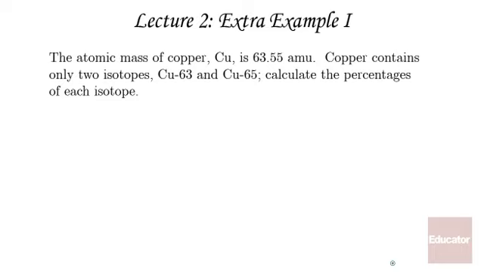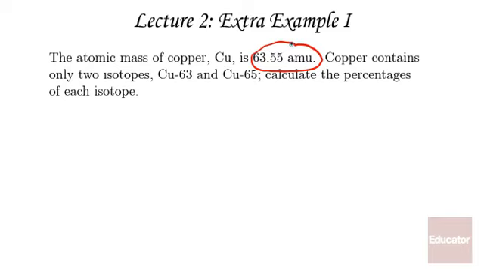And that is because many elements are mixtures of isotopes. In this case, we're looking at the specific example of copper. Look at this number, the average atomic mass of copper. It's a long way from a whole number.